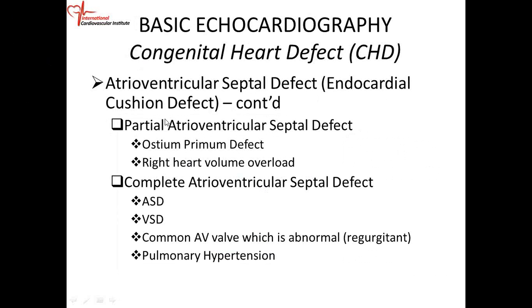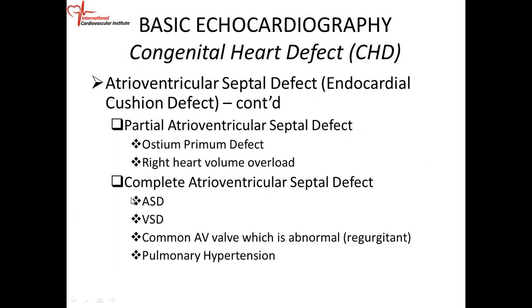So you can have your partial atrioventricular septal defect, which includes your ostium primum defect, and because you have increased blood flow on the right side of the heart, you can get right heart volume overload and pulmonary hypertension as a result. Or you can have your complete atrioventricular septal defect, where the stuff didn't fuse.